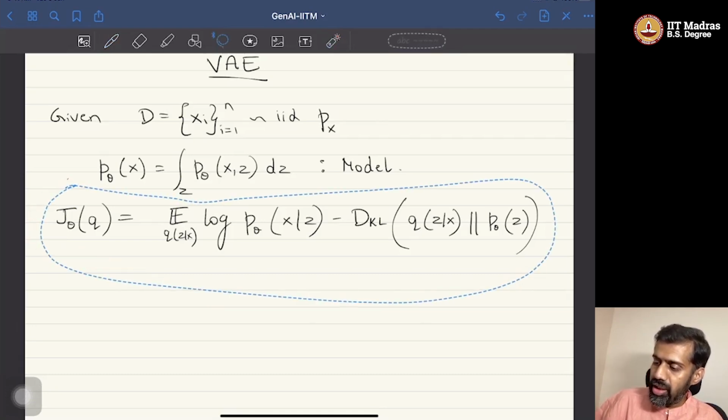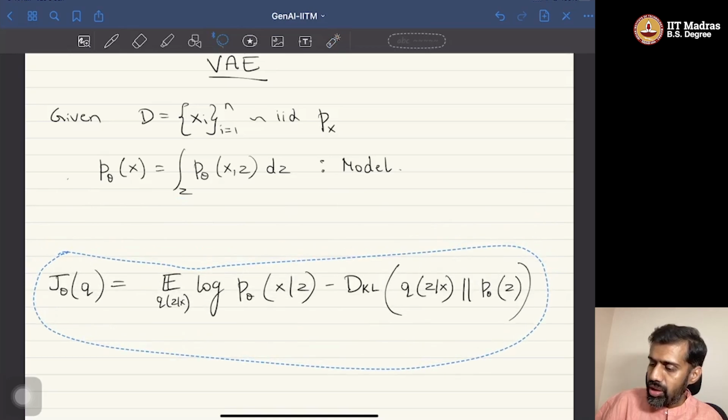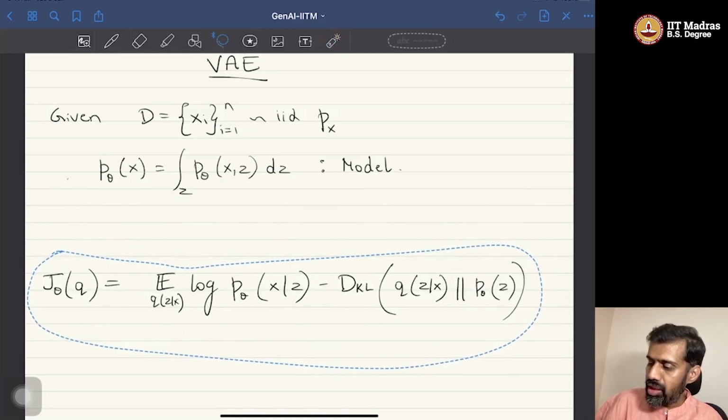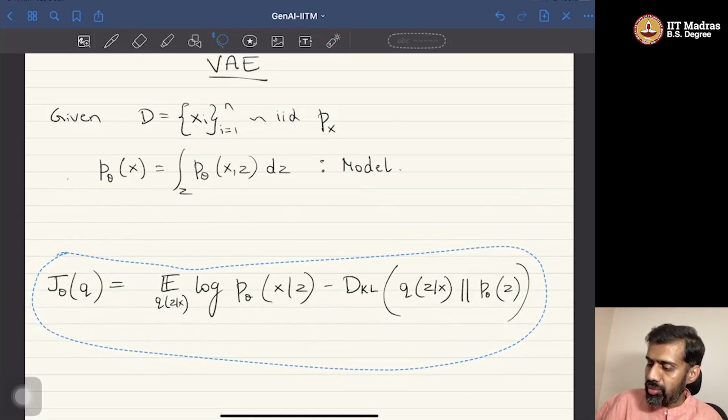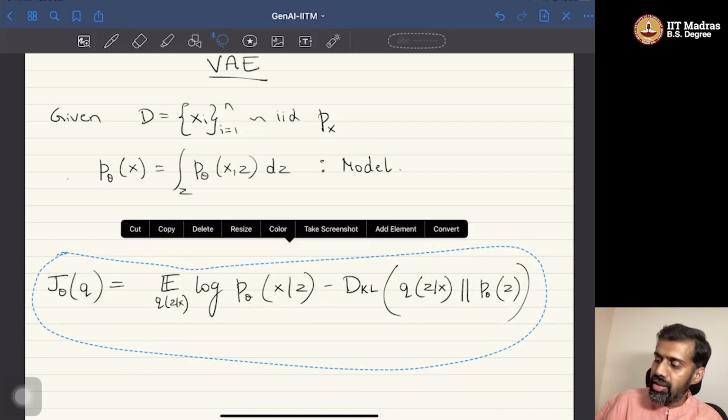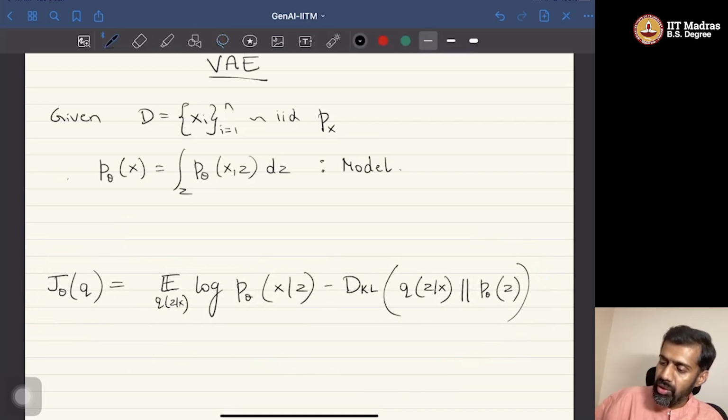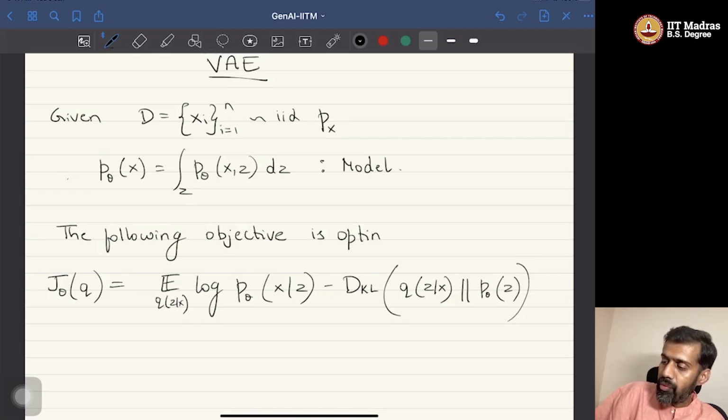And the way we do it in a VAE is to represent both the variational posterior and the conditional data likelihood using probabilistic neural networks. The following objective function is optimized.